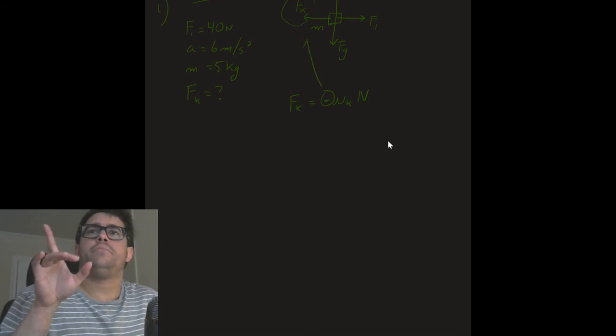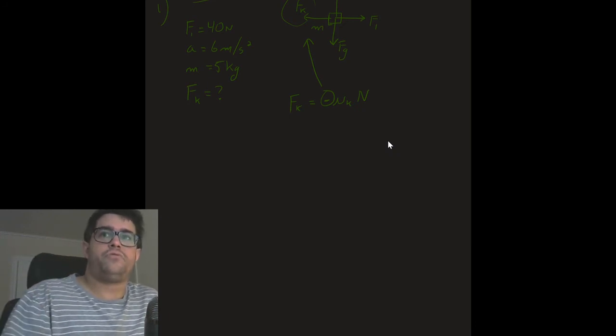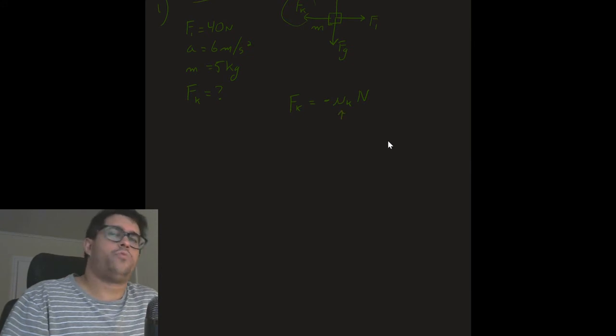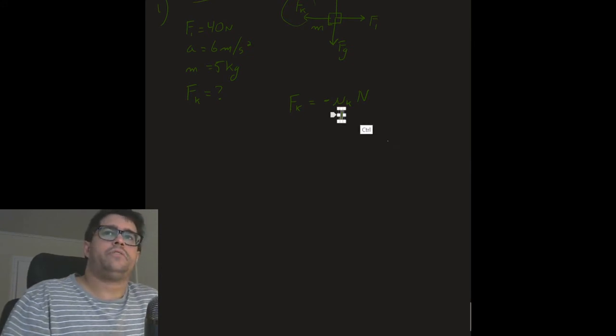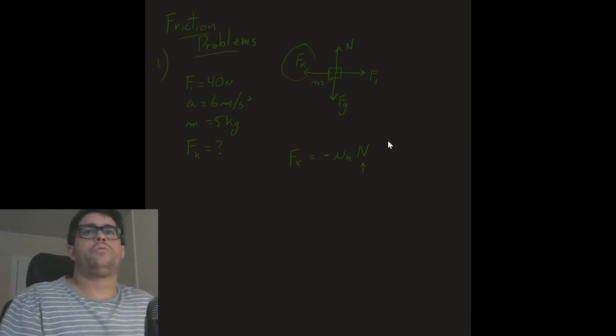The minus implies that it's backwards, negative. It's going in a negative direction. And this is the case for our drawing. Mu is always positive, 0 point something, never negative. And n is always positive because n is pushing back up. The Earth is pushing up.